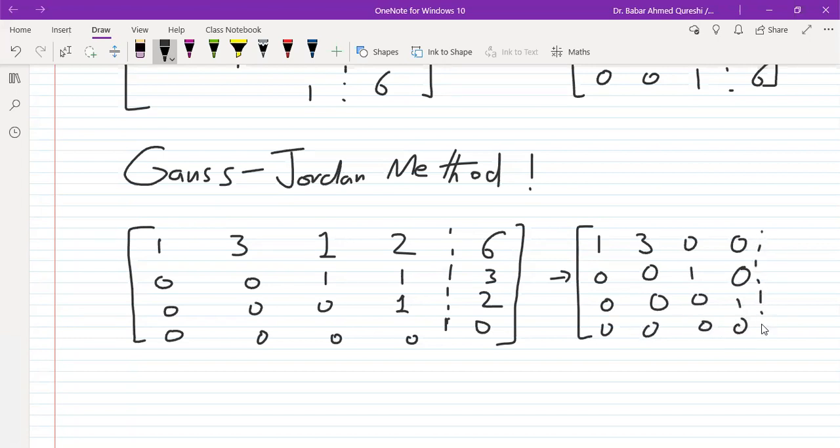And on this side, I will have some numbers. I don't know which ones they are, so I'm just going to write A, B, C, D. But that's okay, because we know that there has to be a free variable. So I just take that one.